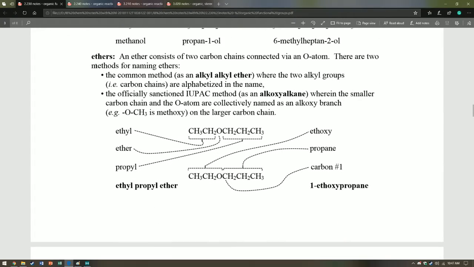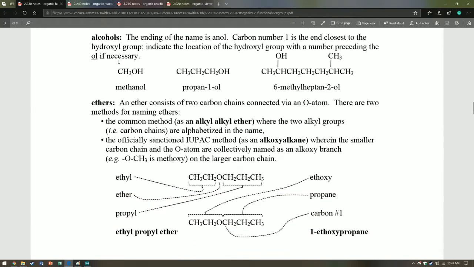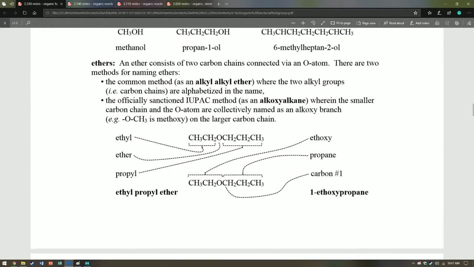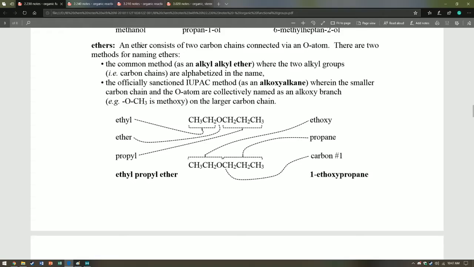For the next one that's higher up is the ether, which consists of two carbon chains connected via an oxygen atom. There are two ways the IB will accept you naming them. The common method, which is known as alkyl alkyl ether, where you name alkyl group 1, alkyl group 2, and then ether.